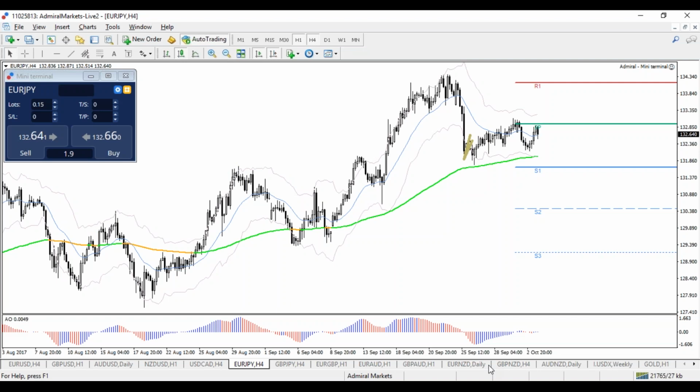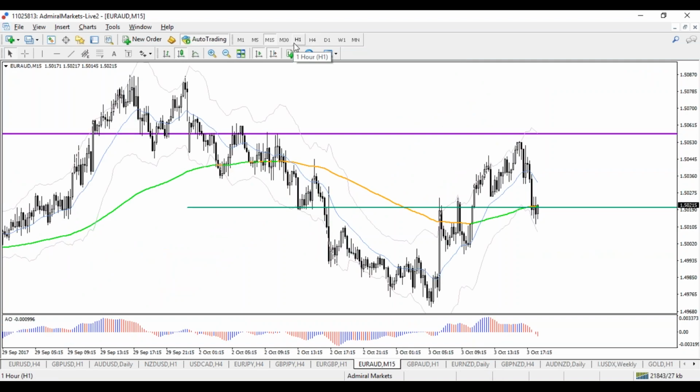The breakout might be something interesting. Nothing much there at this moment from my perspective.